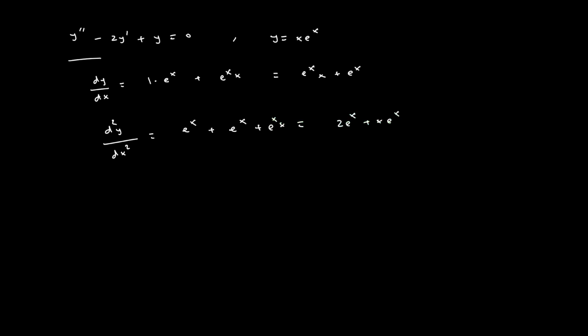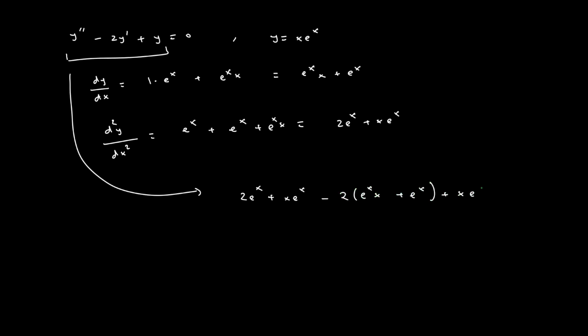And let's just put it into our diffeq that's been given to us. So 2e to the x plus x times e to the x minus 2 times (e to the x plus x times e to the x), plus x times e to the x. And we need that to equal 0.